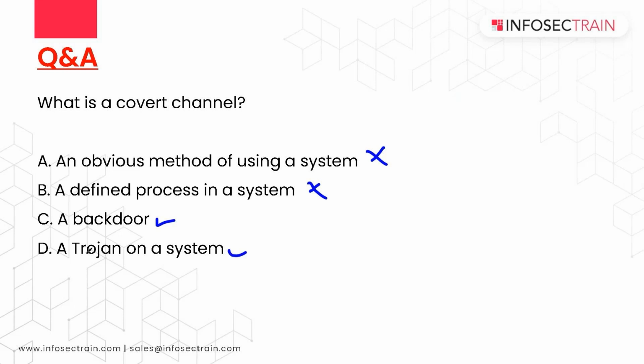Then after this, we have option D, a Trojan on a system. So what is a Trojan? It is malicious software. The best thing about a Trojan is that it looks like a legitimate application. Once it gets executed, it provides us backdoor access to the victim system.